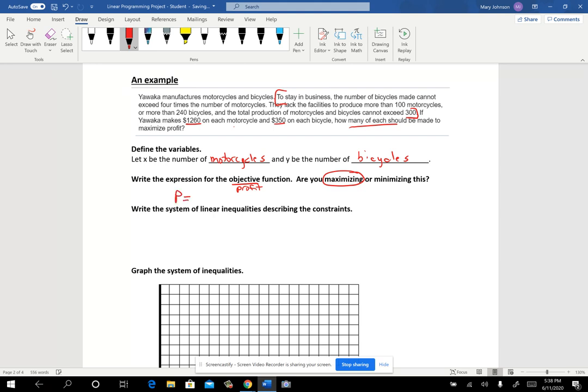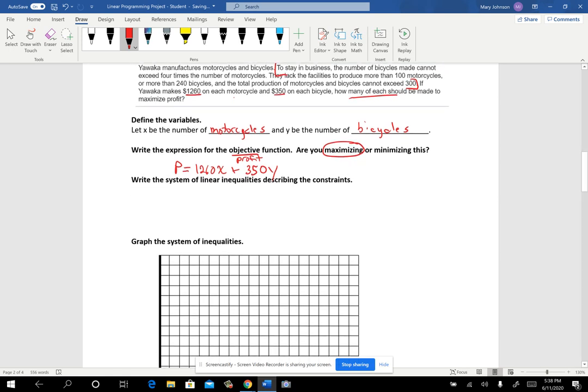We would make $1,260 per motorcycle. So if I multiply 1,260 times X, that's what I would earn on the sale of however many motorcycles I make. And then 350Y would represent the profit on all of the bicycles that I make and sell. Okay. So we just hang on to that.